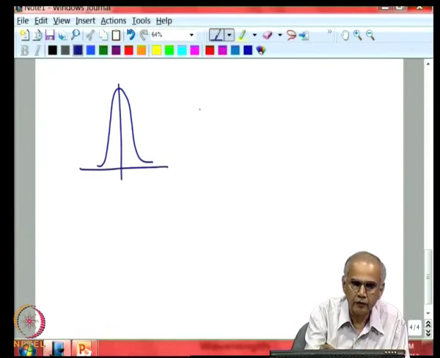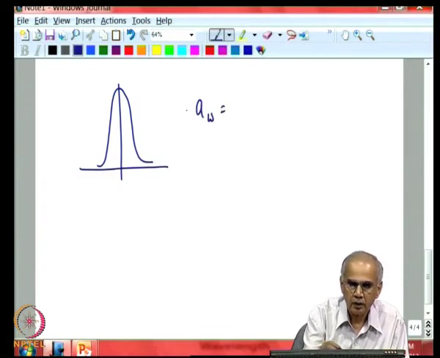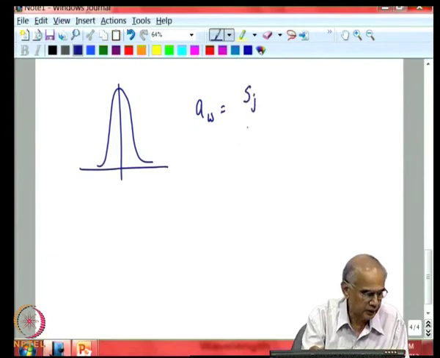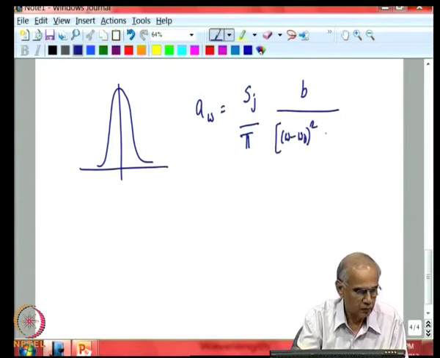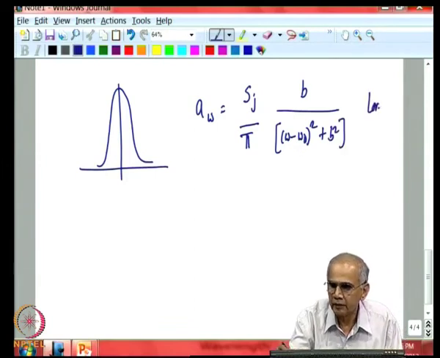And if there is one line, we know that the absorption coefficient of that line can be written in terms of the intensity of the jth line times the line width b, so this is the Lorentz line.